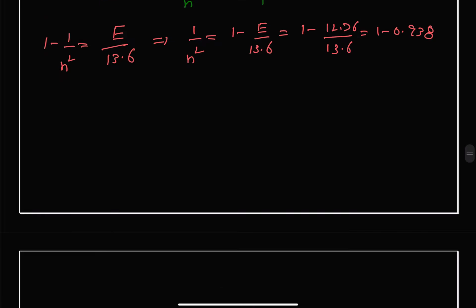So we get 1 upon n square is equal to 0.062. From here, n square is equal to 1 upon 0.062, approximately 16, giving us n is equal to 4.